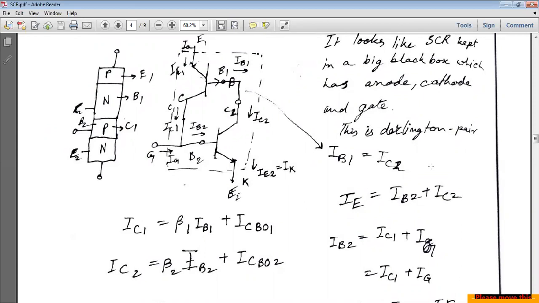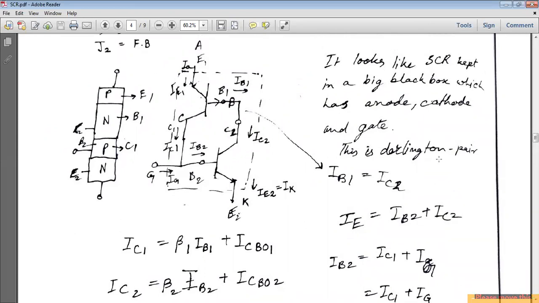Now, if Ig, that is the gate current, is increased, then what will happen? Initially IC1 is 0. So gate current is the base current of the second transistor, and if Ig increases, IB2 also increases.